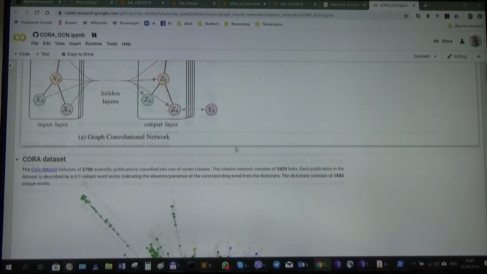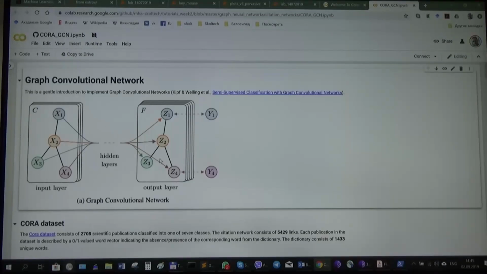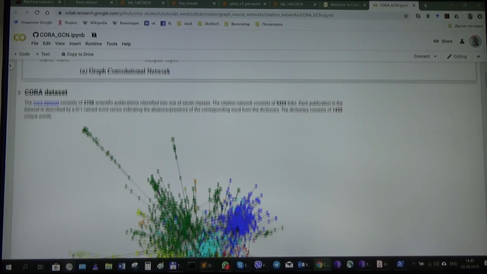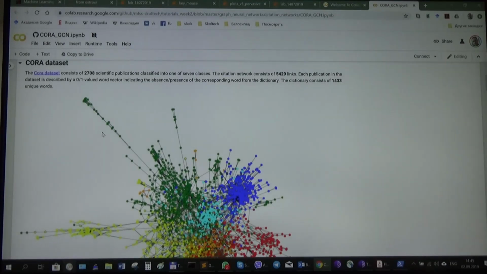And the properties of this neural network, yeah, first I want to talk a little bit about the data set that we're going to look at. This is the Cora data set, fairly simple. Think of it as maybe MNIST, but for graphs. Quite popular. It's a small subset of a citation graph where nodes correspond to papers, science papers.